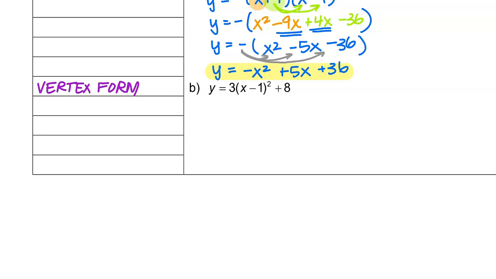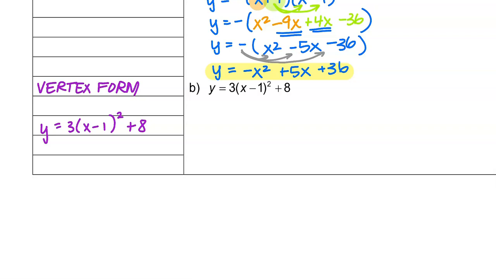And the reason why the vertex form is really nice, let me write it over here. Y equal to 3 times x minus 1 squared plus 8. And it's always a quantity squared and then plus or minus a number. It could have a number in front.